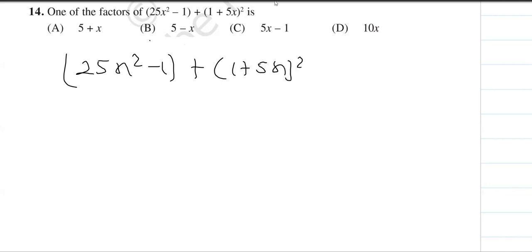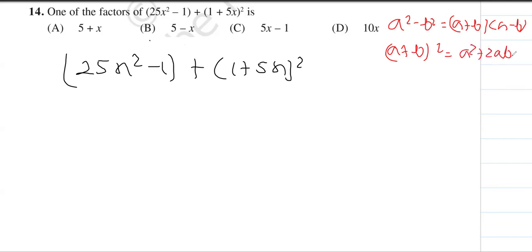So we are going to apply two identities. Number one, a square minus b square as (a plus b) into (a minus b). And further, a plus b whole square as a square plus 2ab plus b square. Let's first proceed and then we will decide.